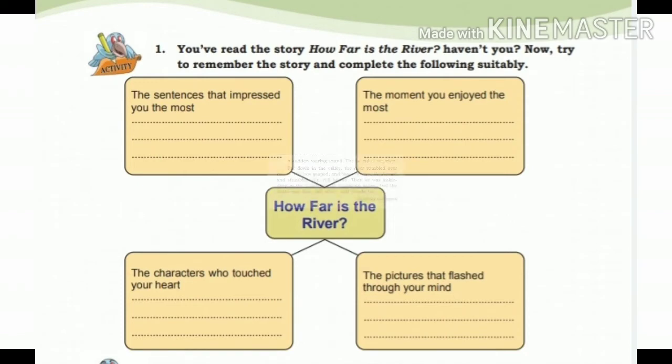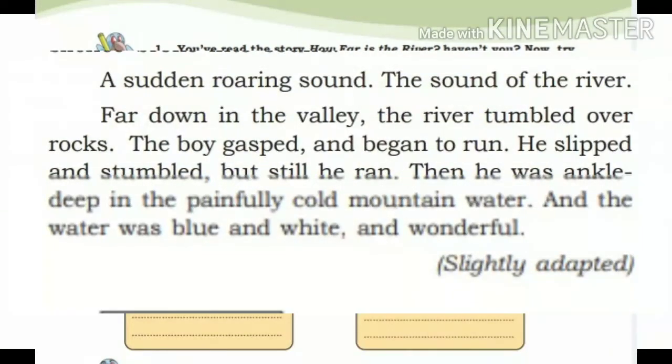For example, look at the last portion of the story. All of you take the last portion of the story. In the last, what is he finally doing? He is going and touching the river, right? Let's check how Ruskin wrote this situation.